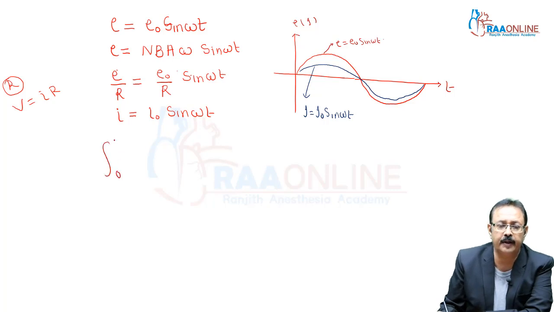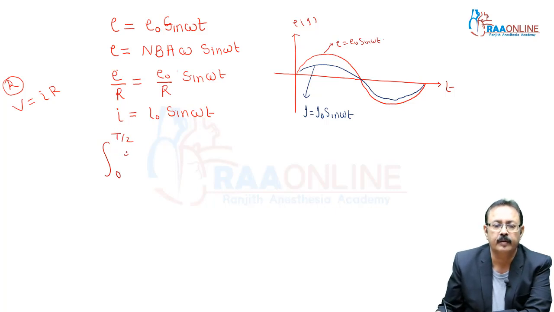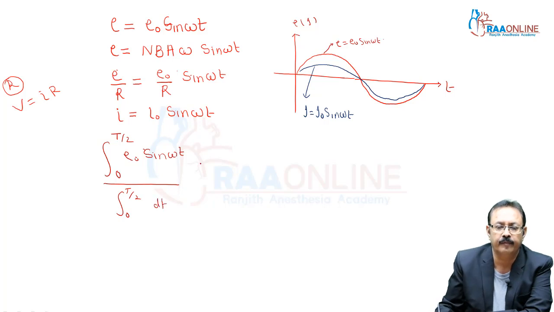Means 0 to T by 2. You can take the average for half cycle.